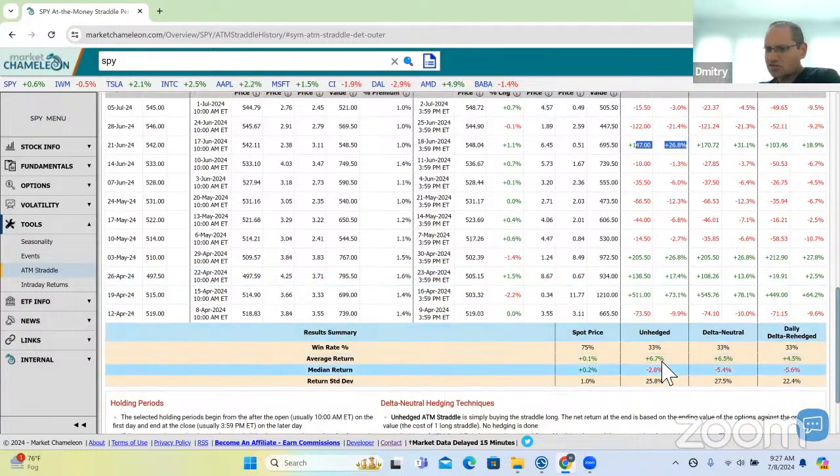So how's that the case? Keep in mind that even though it gained one third of the time, that doesn't mean that every loss and every gain was the same, right? The times that it gained in value could have been so great that it covered the losses for many of the times that you lost.